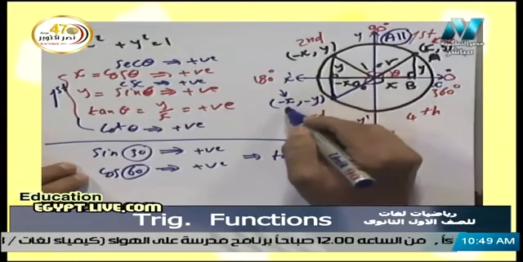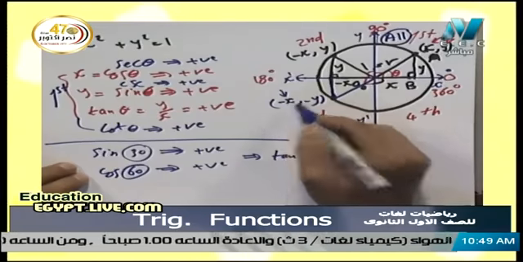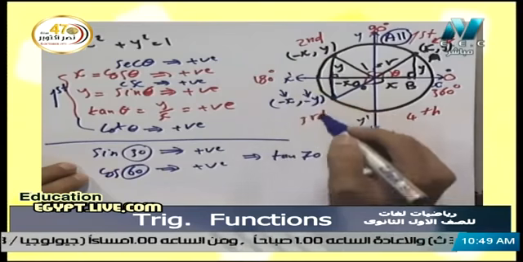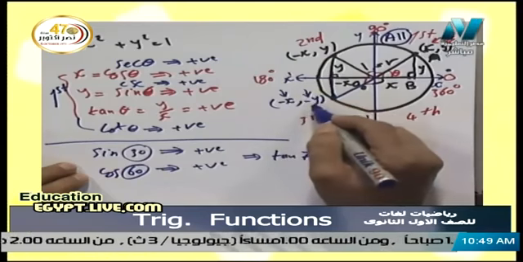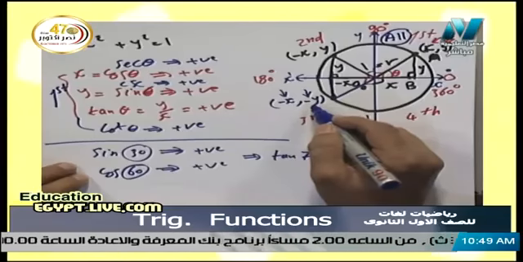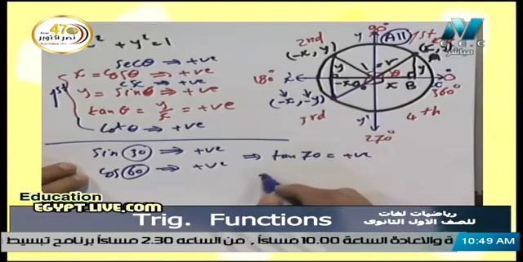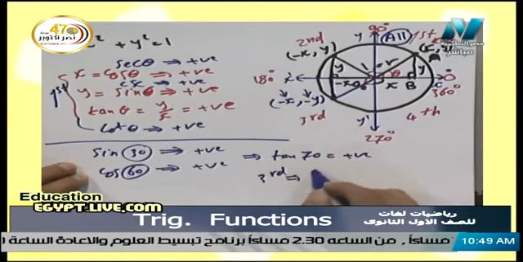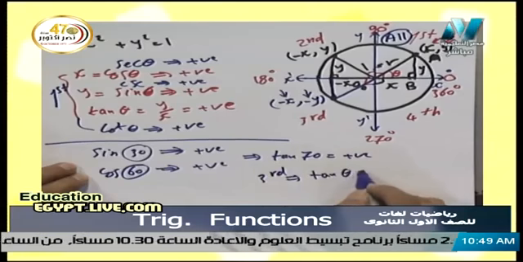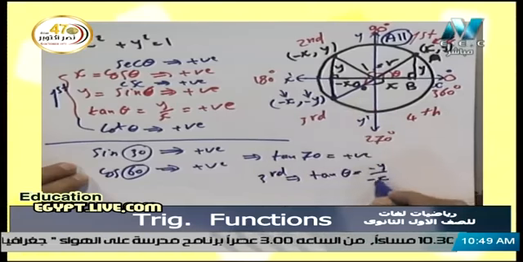and of course its reciprocal, sec, is negative as well. Here sine theta is negative, and its reciprocal, cosec theta, is negative. But here is the third quadrant. In the third quadrant, tan theta will be negative y over negative x.